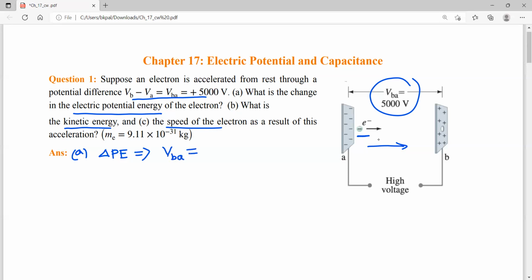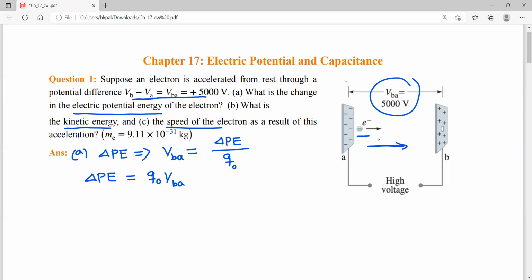The potential difference between B and A, plate B and plate A, is the change in potential energy over the charge. Here the charge is the electron's. So delta PE is equal to Q0 V BA.